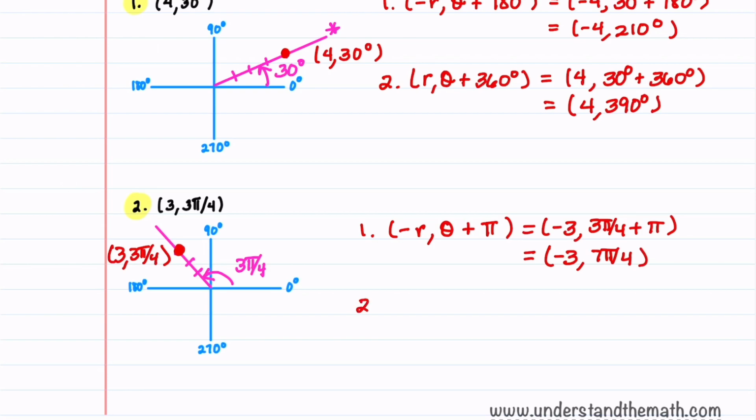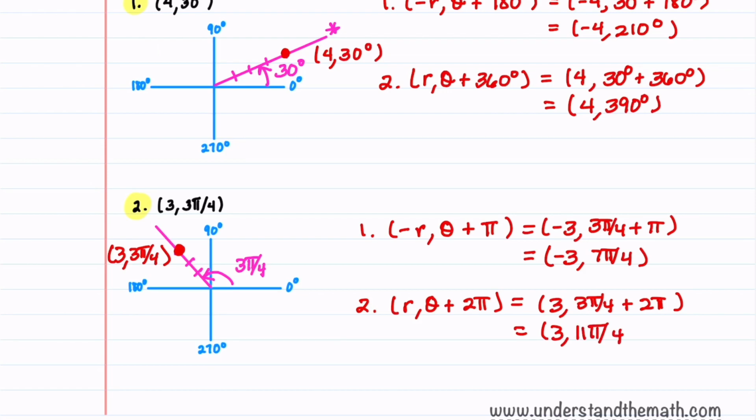For our second representation, we can have r, theta plus 2 pi, and this gives us 3, 3 pi over 4 plus 2 pi, and this is equal to 3, 11 pi over 4.